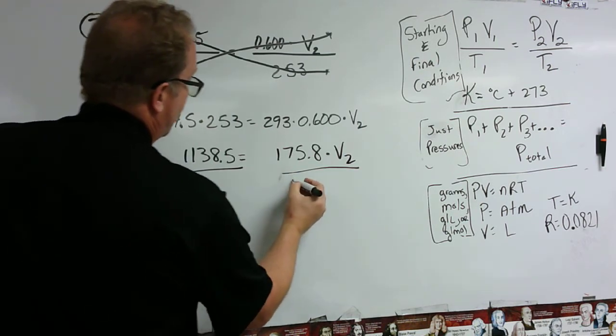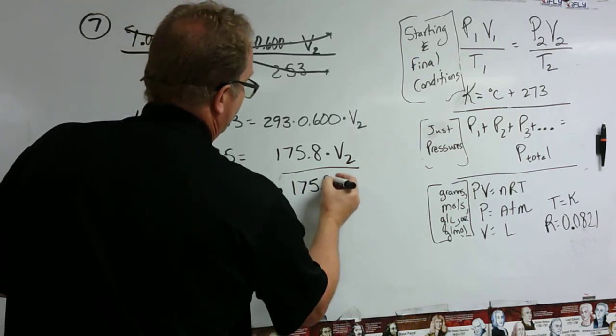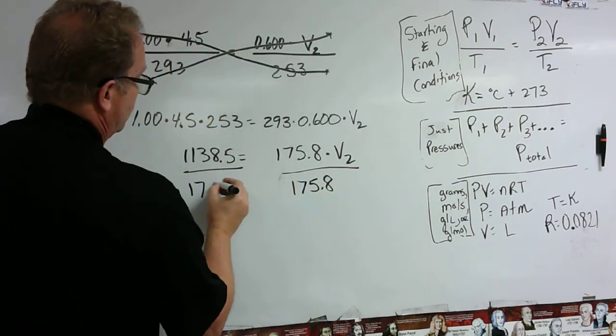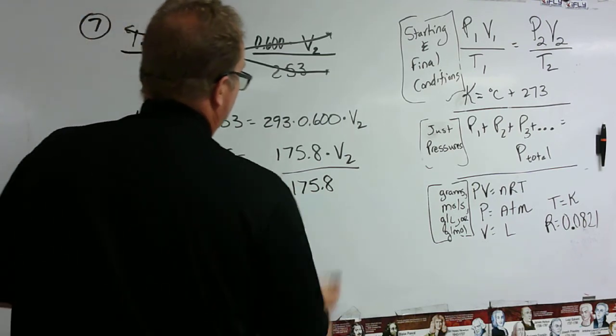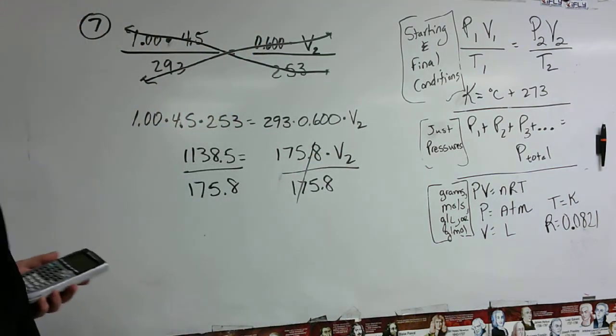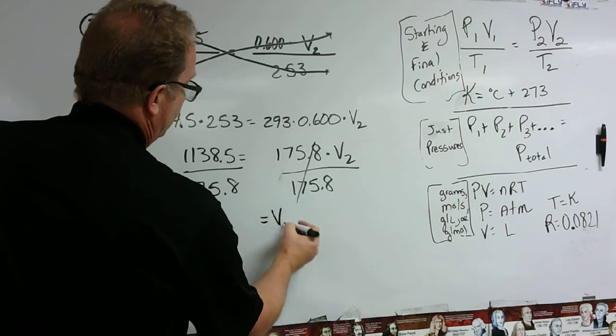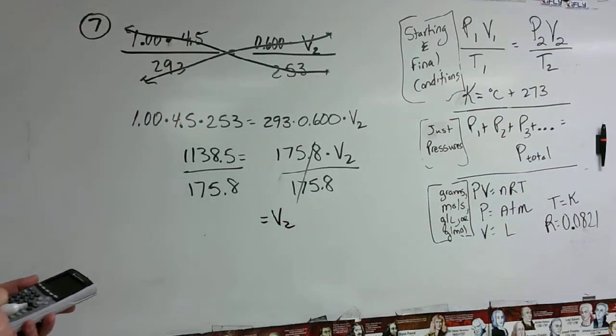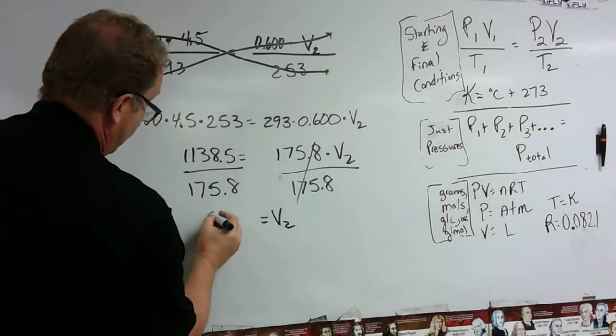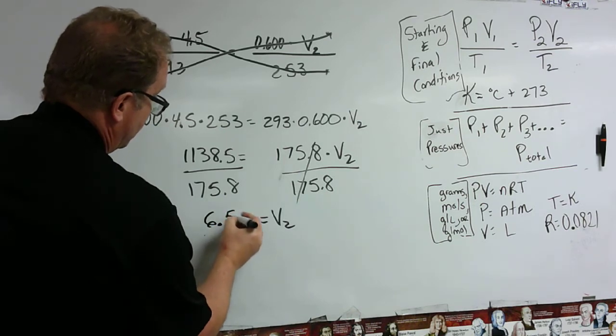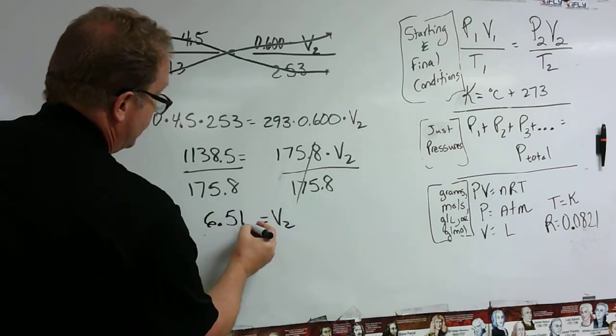Divide both sides by 175.8, like we do normally. Cancel that out. V2 equals 1138.5 divided by 175.8. And I've got 6.47. I'm going to go 6.5 liters.